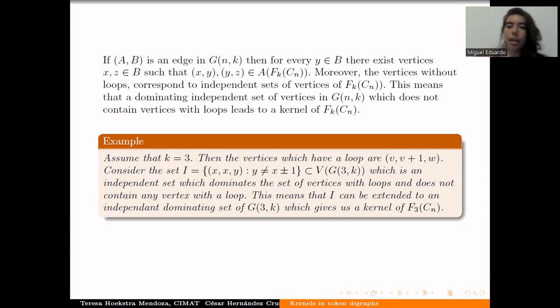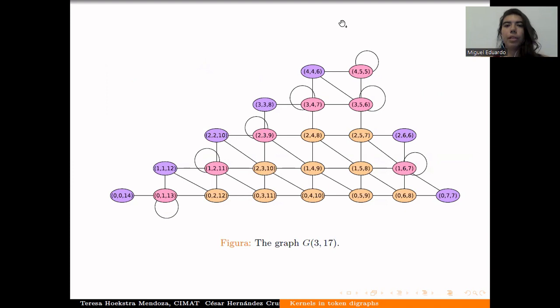Okay, so as we can see here, the vertices with a loop are precisely those which contain 2 consecutive entries. So here we have 4, 5, 5, 6, 3, 4, 2, 3, 1, 2, 0, 1, and 6, 7. These are the vertices with a loop. Then my independent set is the vertices which have 2 equal entries.